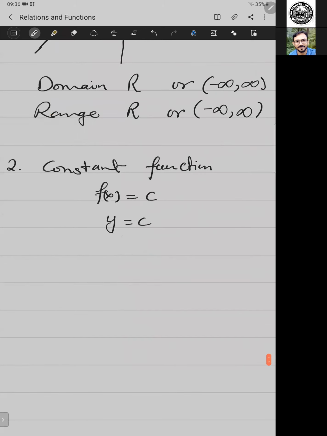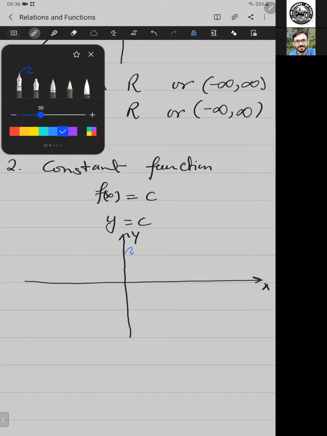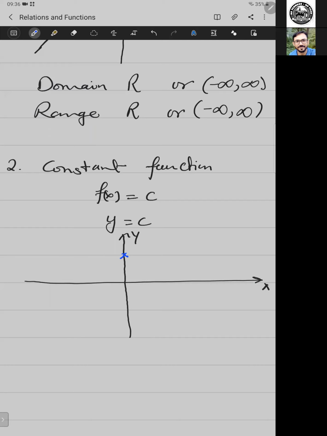So when you are going to make its graph, feel like this is the point. It is not compulsory. Anywhere it could be, on the negative side, on the positive side, more upside or down, whatever is possible. But we are feeling like y equals c is this point, so we draw a line parallel to the x-axis, and this is the line of y equals c.